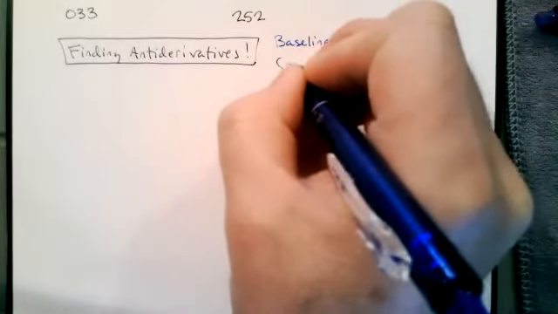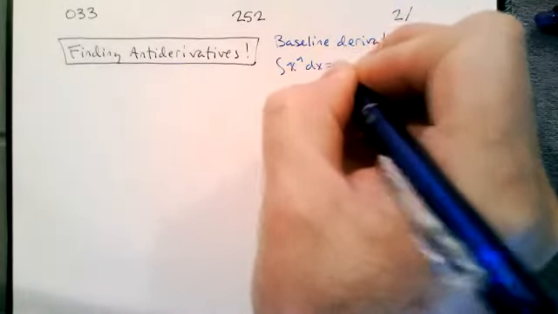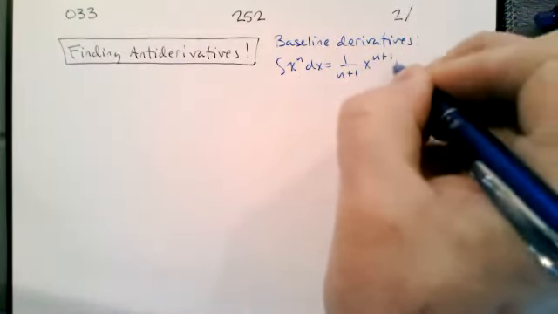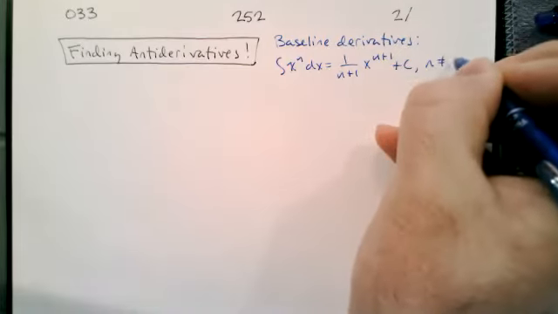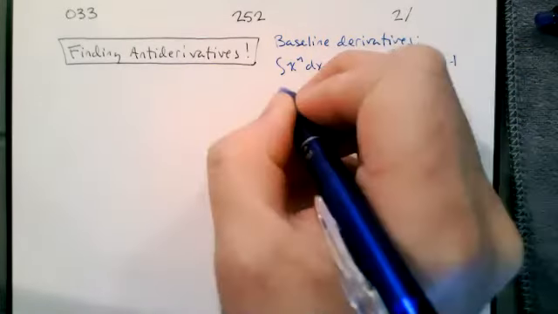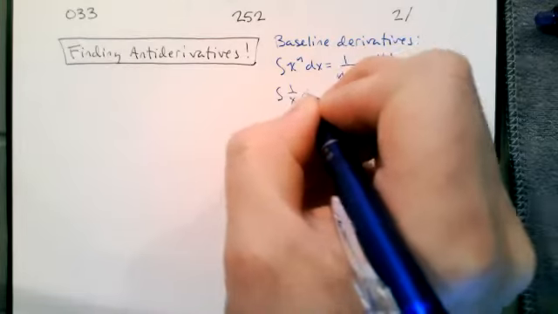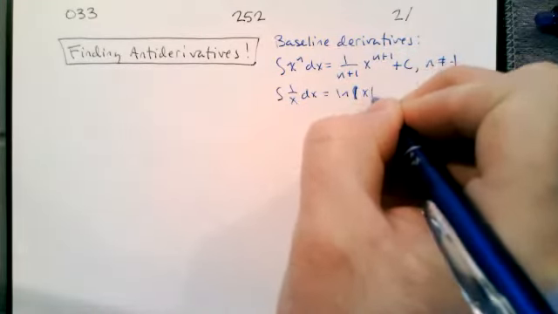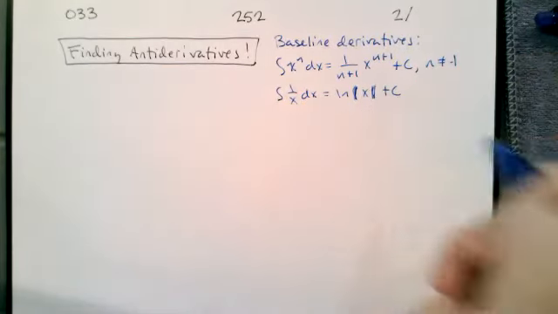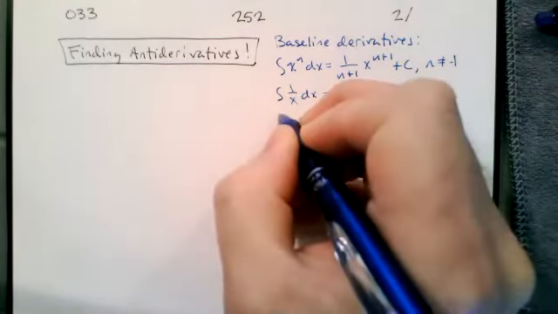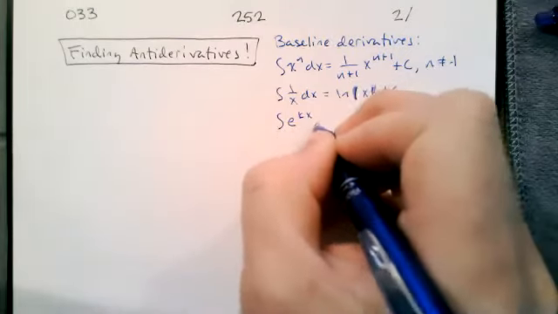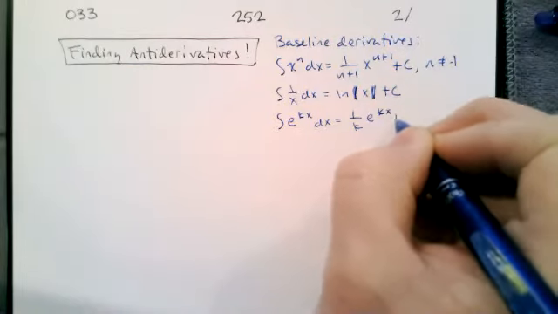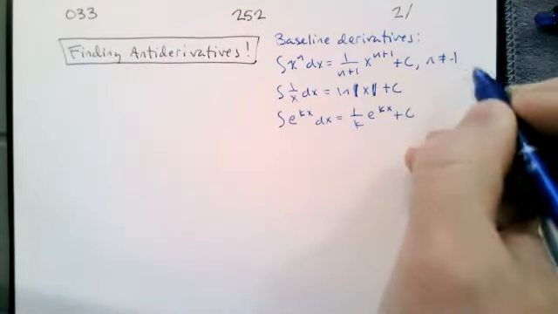So things like the integral of x to the n dx is 1 over n plus 1 x to the n plus 1 plus c for n not equal to -1. The integral of 1 over x dx is natural log of absolute value x plus c. The integral of e to the kx dx is 1 over k e to the kx plus c, and so on.